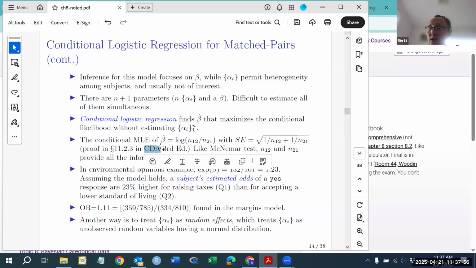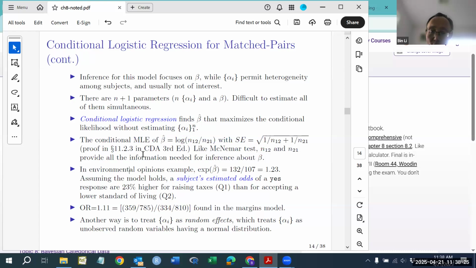So they are both from Agresti, okay? But our textbook is a simplified version without those proofs. Categorical Data Analysis is a more technical textbook, which we didn't use, but just as a reference. So if you want to see the proof, it's in chapter 11, section 11.2.3. It shows you the proof of that.